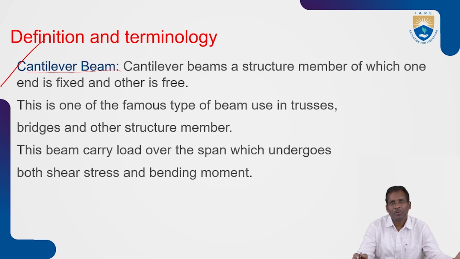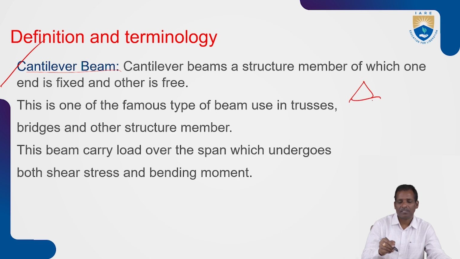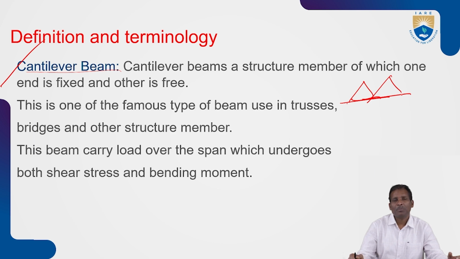This is one of the famous types of beam used in trusses, bridges, and other structural members, and in stresses in truss problems. This beam carries load over the span, which undergoes both shear stress and bending moment.